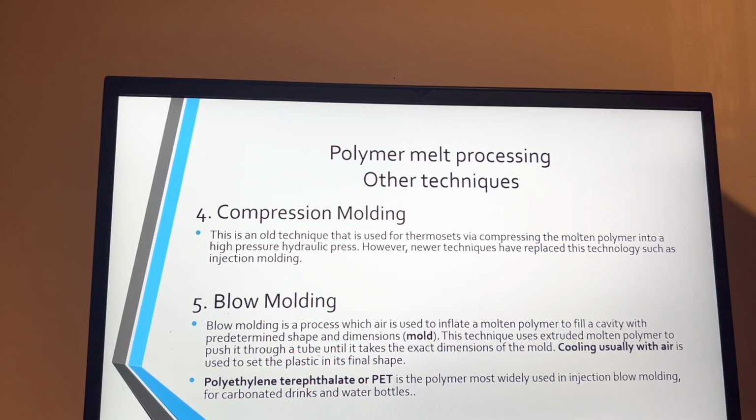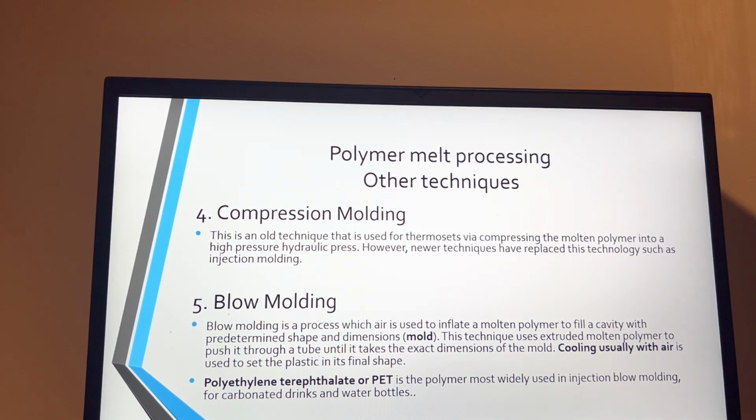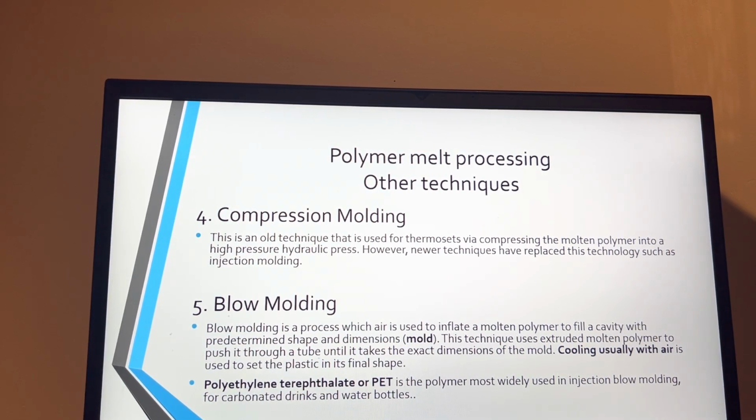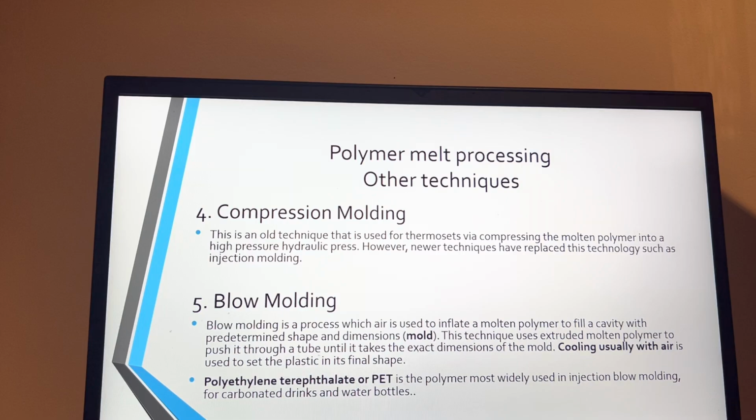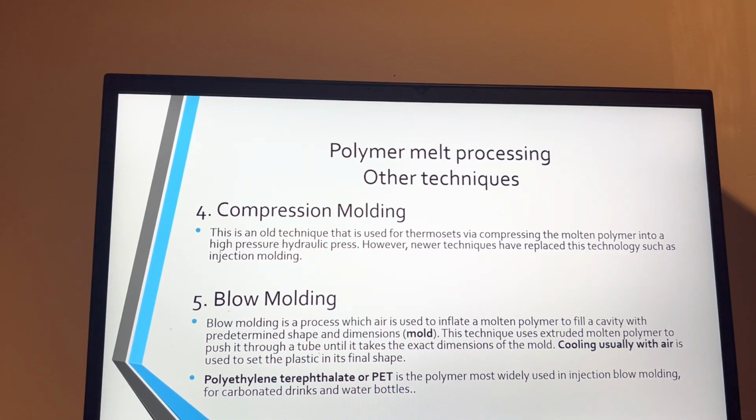Cooling is usually done with air, and it is used to set the plastic in its final shape. One example is polyethylene terephthalate, or PET, which is the polymer most widely used for injection blow molding for carbonated soft drinks and water bottles.